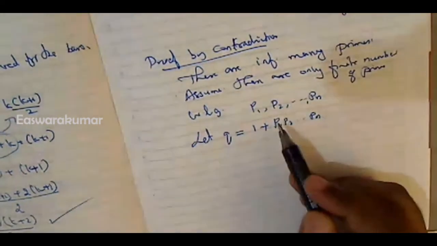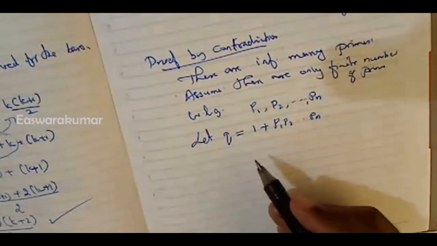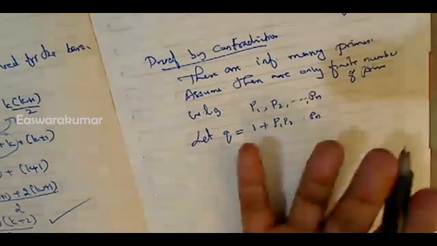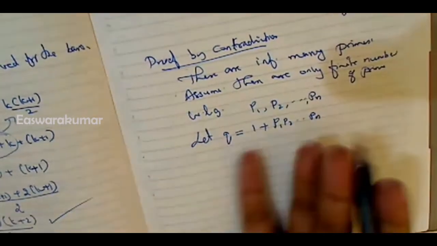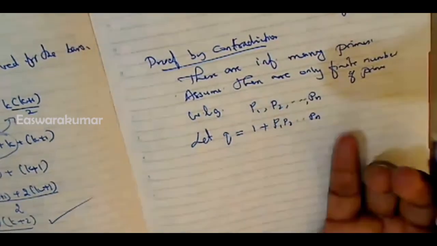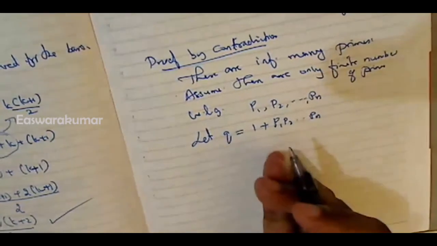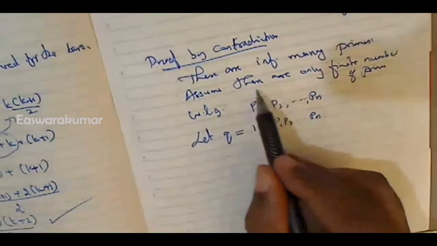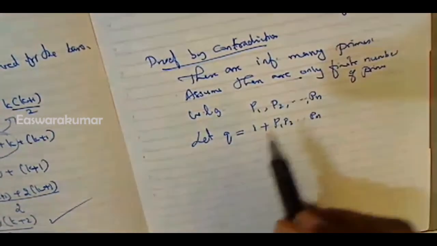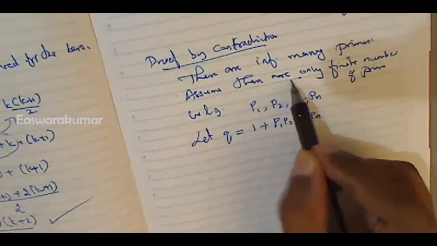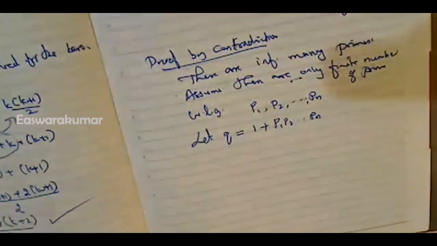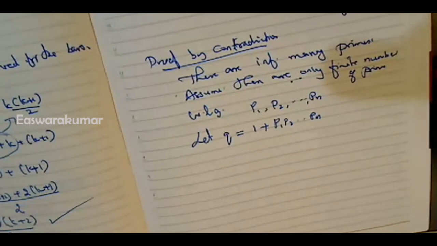Now we are able to find one more prime which is larger than these. So this way we can extend it, and there are more primes available, which contradicts the assumption. Again we conclude that there are infinitely many primes. This is called proof by contradiction.